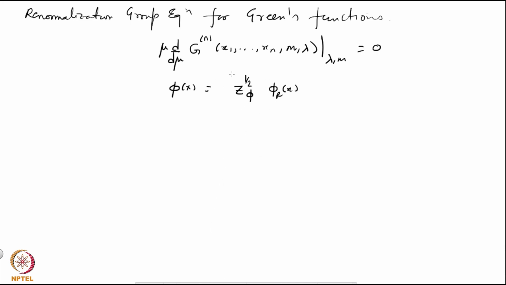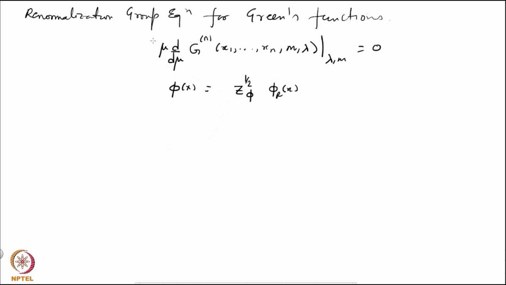So for each field we had introduced this factor Z_phi^(1/2), which was used in renormalizing the Green's functions. This is one of the things; you also had to bring in Z_m and Z_lambda. But anyhow, as far as phi is concerned, this is the renormalization constant that you have.